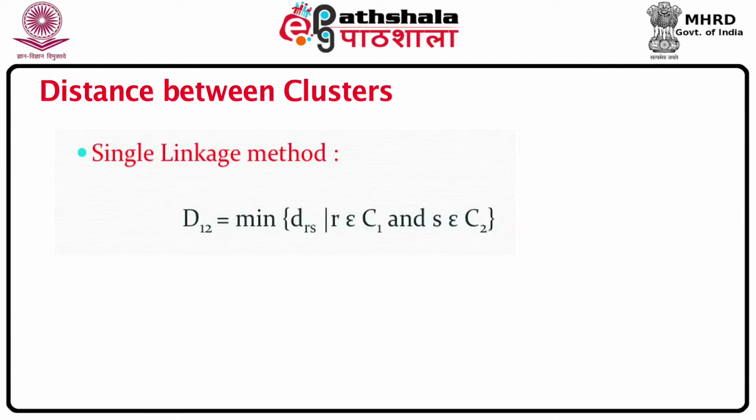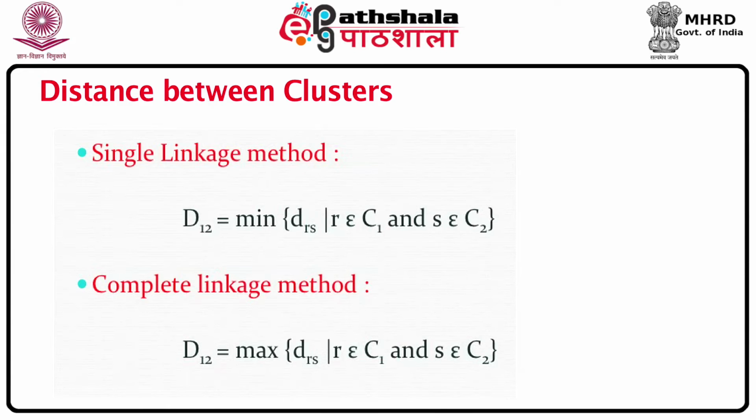As opposed to this, we have what is referred to as the complete linkage method. In this case, we look at the maximum distance between the individuals in the two groups. So again, we look at all the individuals from the first group and the individuals from the second group, look at the distances between them, and then take the maximum of this distance as a measure of the cluster distance.